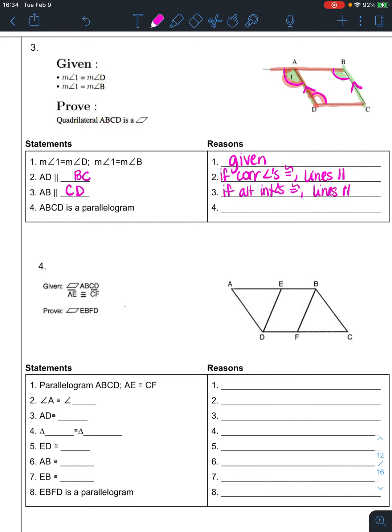So I know AD is parallel to BC. I know AB is parallel to CD. So then that means that ABCD must be a parallelogram because both pairs of sides are parallel.